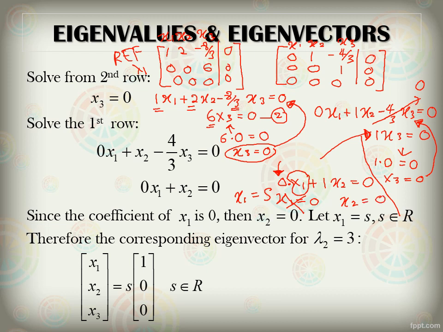If your x1 here you declare to be 0, it means that x2 equals 0. So now you have all the solution as 0, 0, 0, 0.